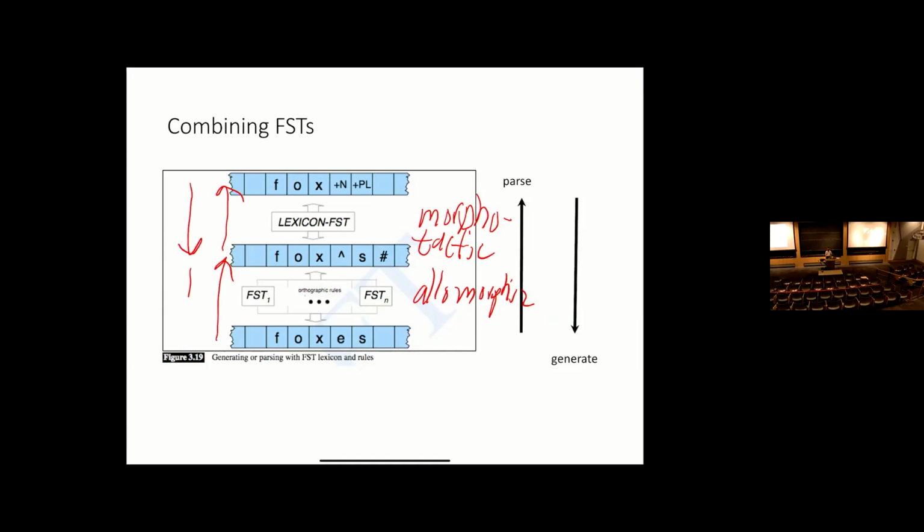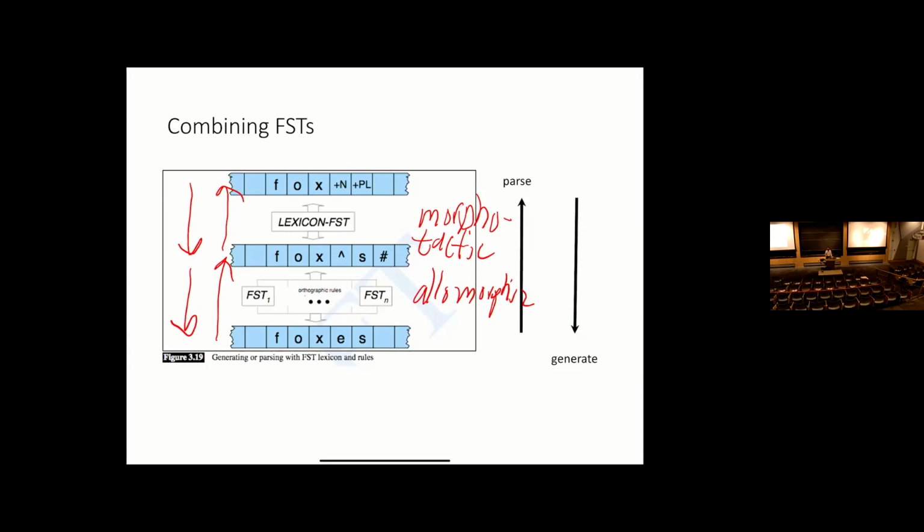And this is true because FSTs are invertible. This is something that you'll learn about in more detail in your homework. But basically, you can take an FST and switch the symbols on each transition around, and you get an FST that goes in the opposite direction.